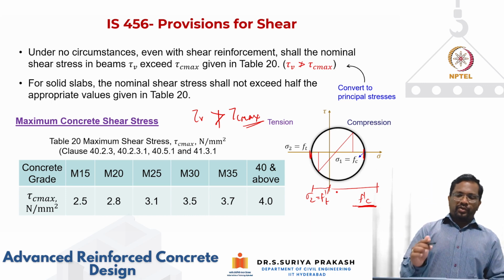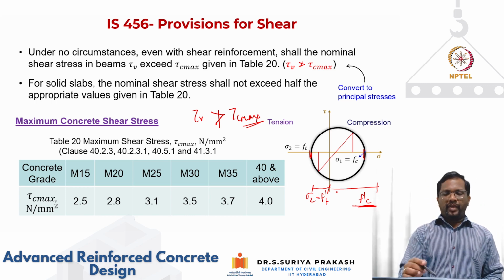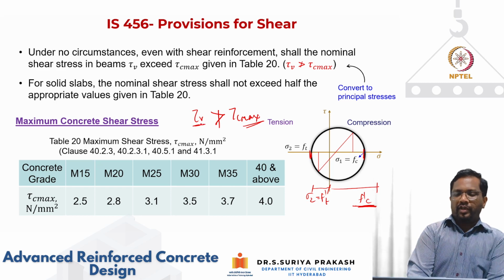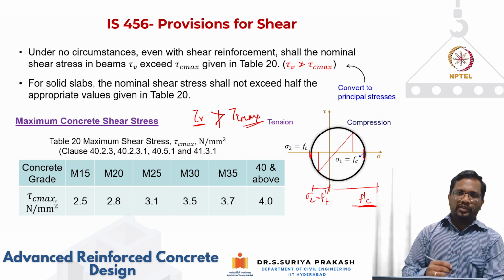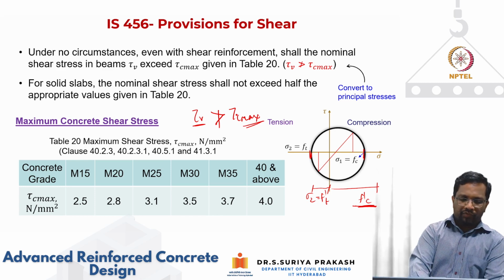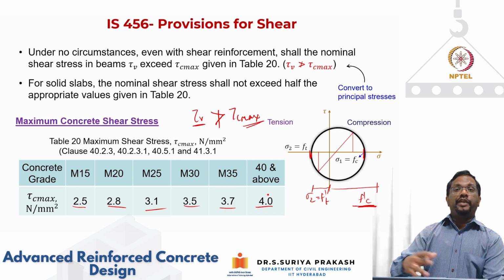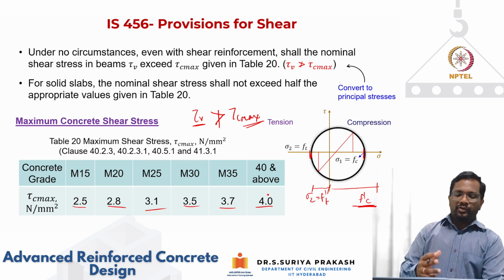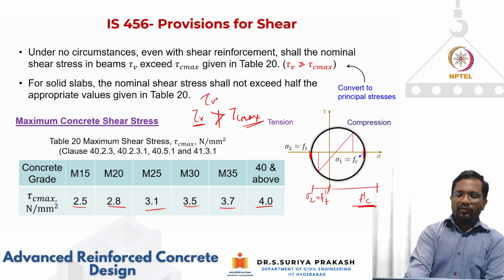The code is preventing us from designing such sections so that tau v can never be more than tau c max. If your nominal shear that you are calculating is greater than the maximum shear stress allowed for a particular grade of concrete, then we have to increase the dimensions of the section so that tau v is always limited to tau c max.